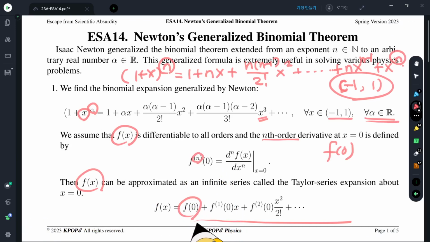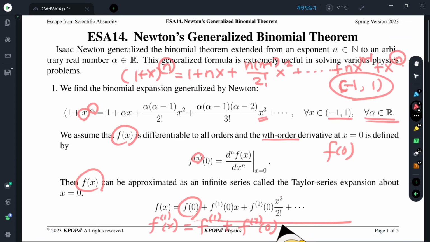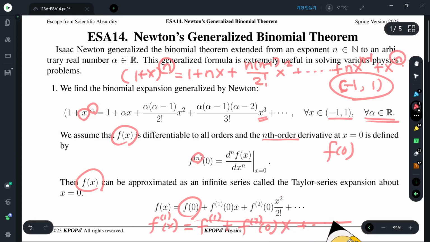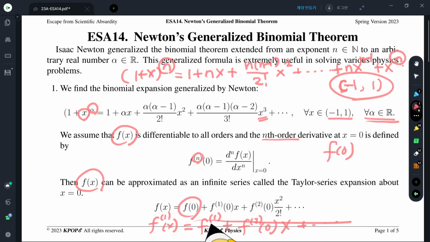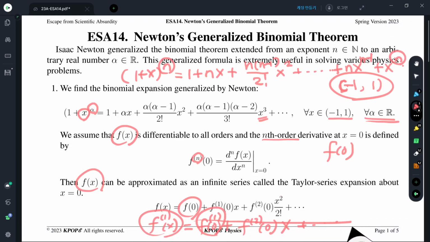Why don't we take the first order derivative? Then it becomes the first order derivative at x equals 0, and the 2 factorial cancels and so on. If I substitute x equals 0, we have a trivial identity and the remaining pieces all vanish.